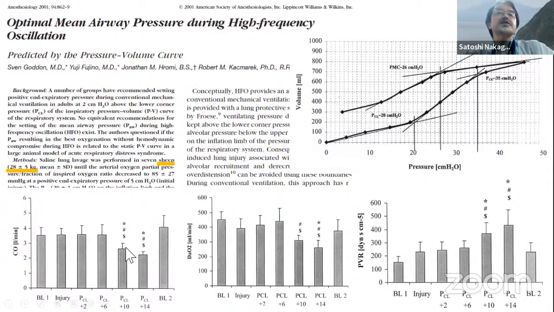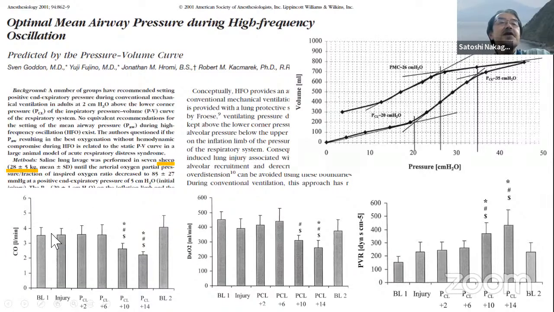This is an animal study, done by the Massachusetts General Hospital group, Dr. Bob Kacmarek's group. With high frequency oscillation, they did the static pressure volume curve. In this lung model, they found that the lower inflection point was around 20 centimeters of water.